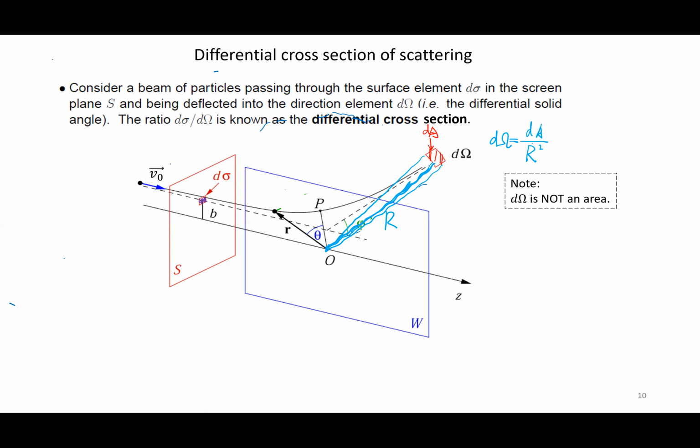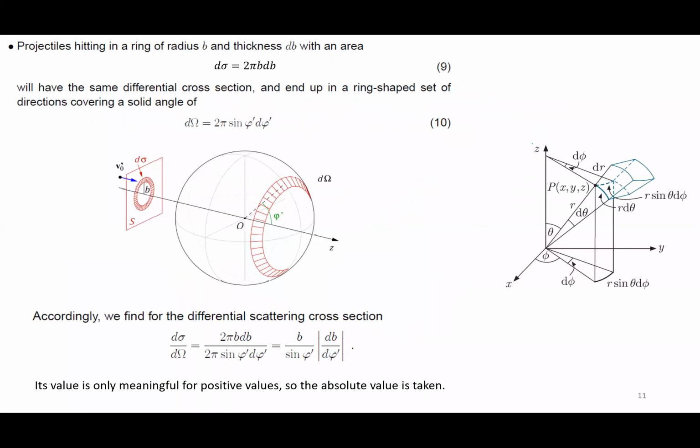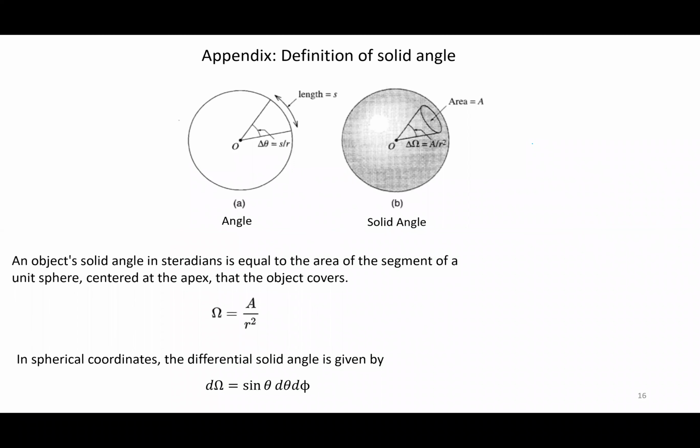There is a slide here which introduces the concept of solid angle. We know what an angle is, first of all. When I talk about an angle, imagine there are two lines and I ask how wide I am opening these two lines apart.